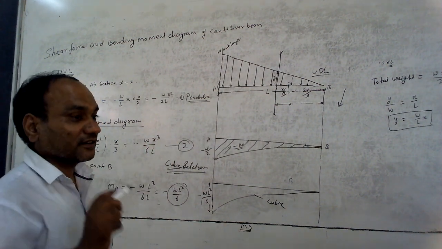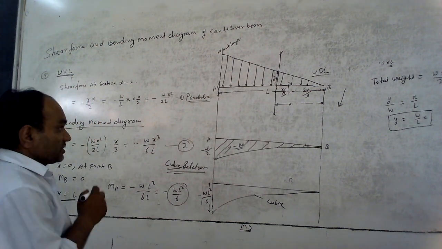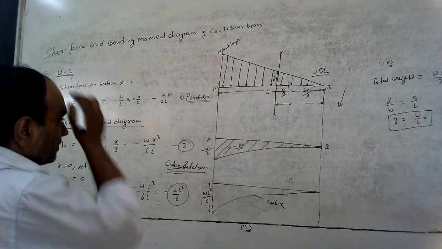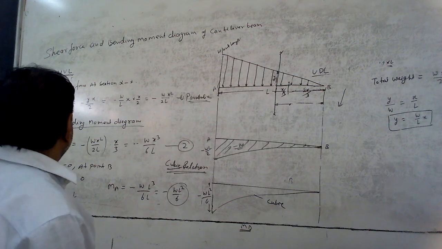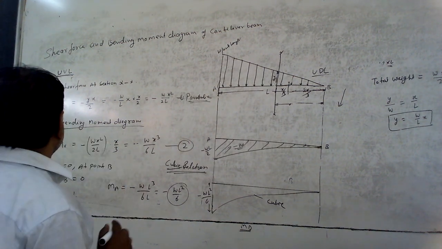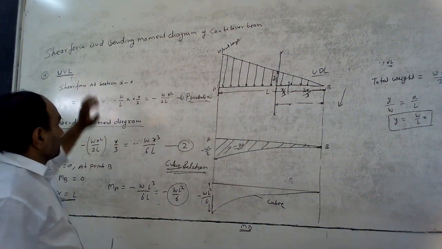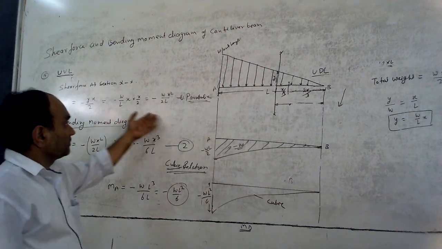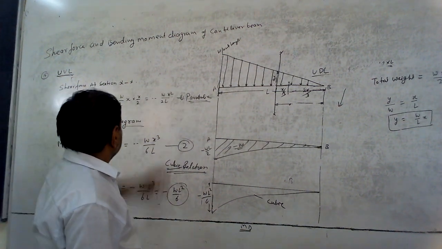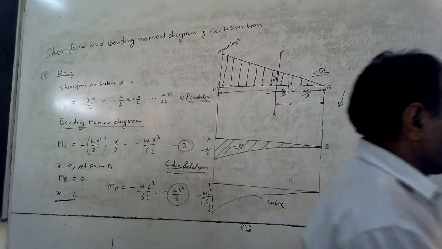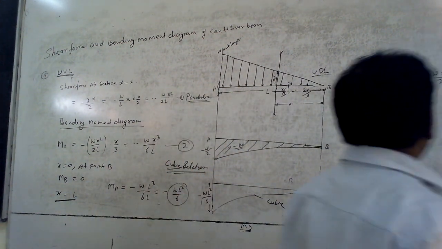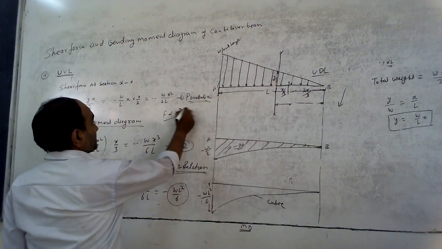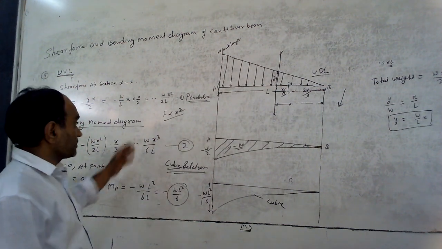There is a linear relation between force and distance. In the last case, UVL, the shear force varies parabolically. That is, F is proportional to x square. There is a parabolic variation between the force and distance.